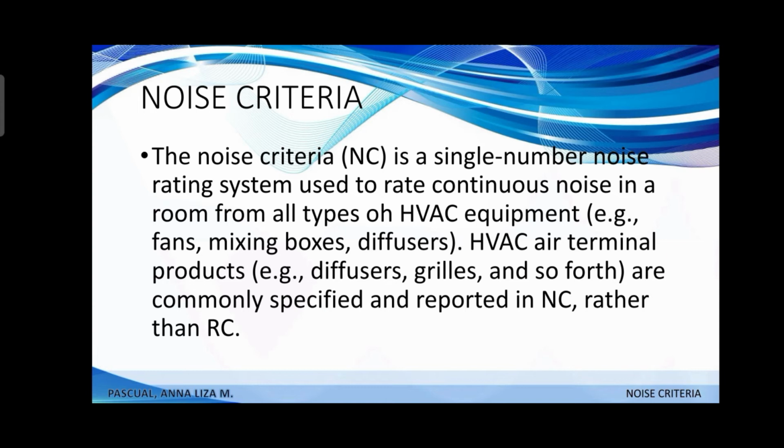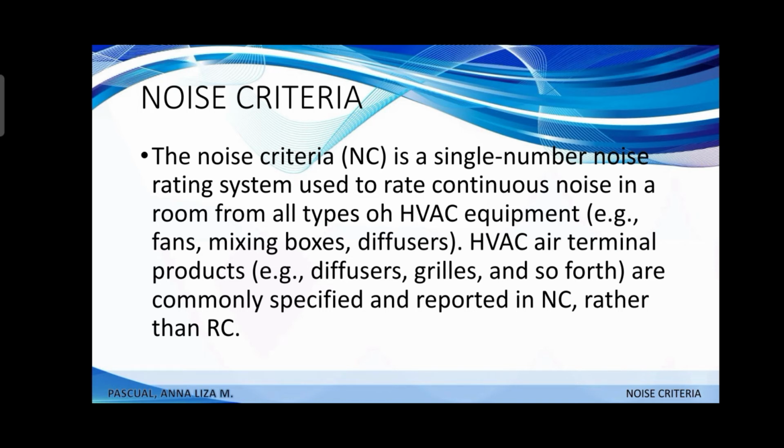Noise criteria. The noise criteria, or NC, is a single-number noise rating system used to rate continuous noise in a room from all types of HVAC equipment. HVAC air terminal products are commonly specified and reported in NC rather than RC.